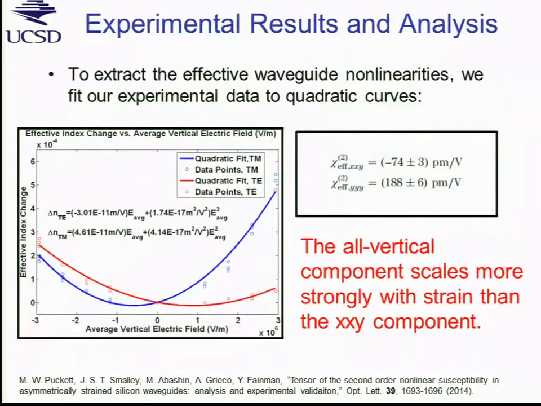And these are the results that we got from the measurements, and the resulting coefficients are 74 and 188 picometer per volt, this is for TM polarization.